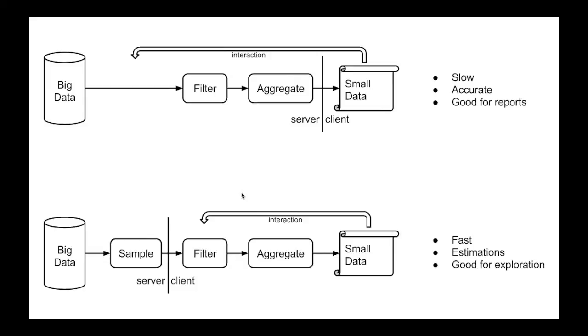The advantage is faster iterations. The disadvantage is that it's just estimates. Say you had a bar chart that showed the total count of something. That count will not be exactly accurate. We were going back and forth on whether we should show the count of the sample, or try to estimate the total count based on the sample.